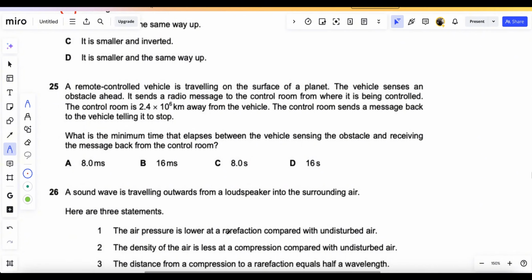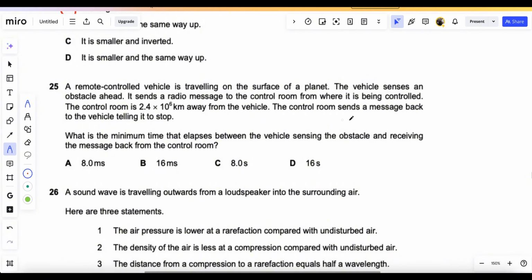So we go to question 25. Let's see how fast we can do this. A remote control vehicle is traveling on the surface of the planet. The vehicle senses an obstacle ahead. It sends a radio message to the control room from where it is being controlled. The control room is 2.4 times 10 to the power 6 kilometers away from the vehicle.